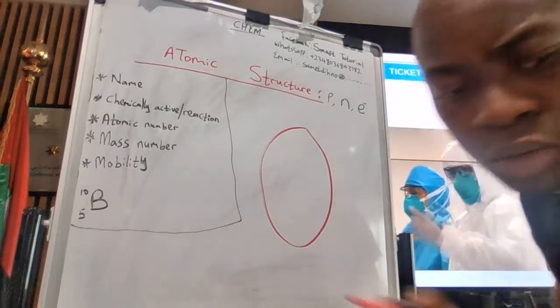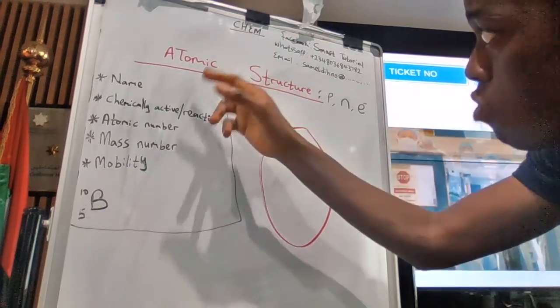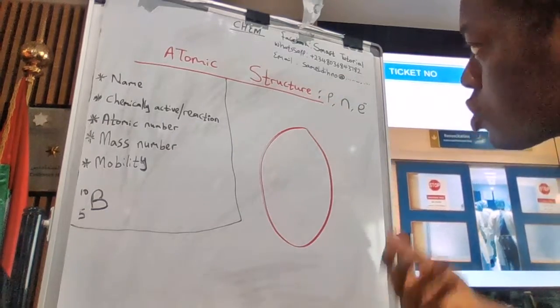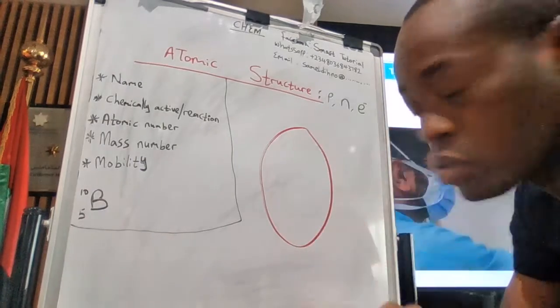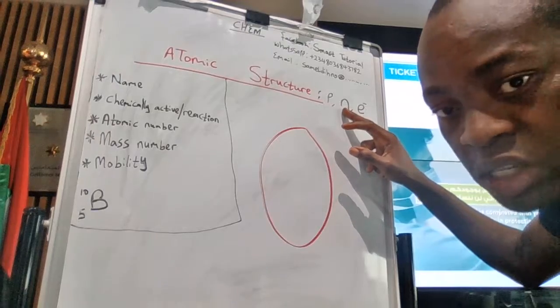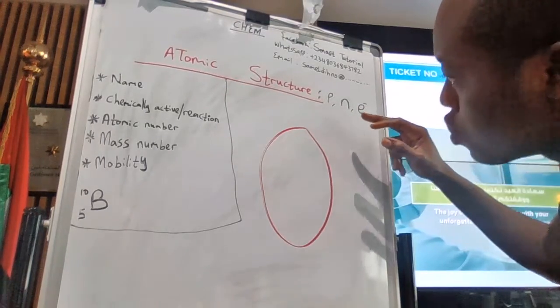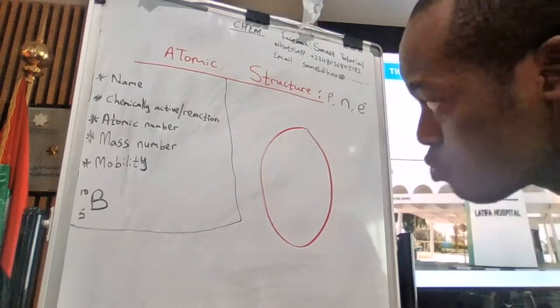So when you talk about the structure of an atom, what makes up these structures? What makes up the structures are just three main particles: the proton, which has the symbol P, the neutron, N, and then the e minus, which is the electron. I will be using the symbols so that it sticks to our memory.